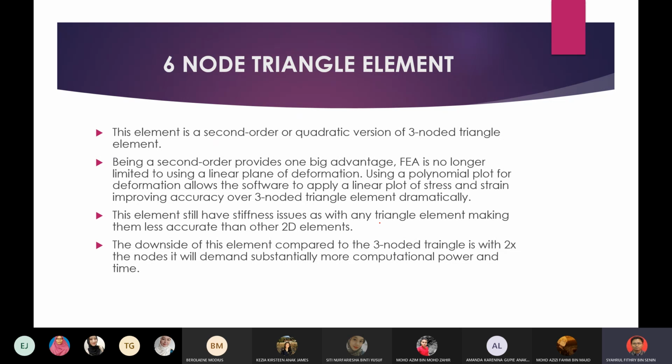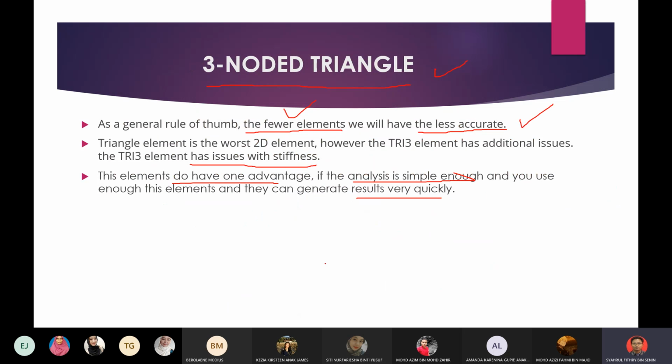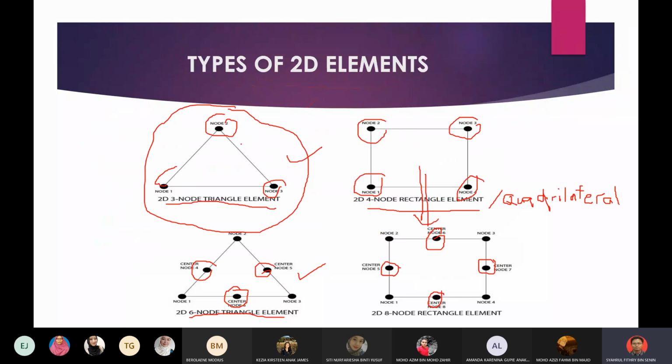How about 6 node triangular element? As I showed before, this is the 6 node triangular element. This is the second order or the quadratic version of the 3 node triangular element. If you see that, the first version here is a linear element because you have only 3 nodes.